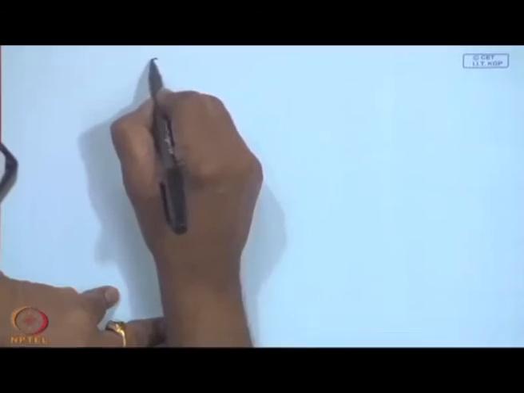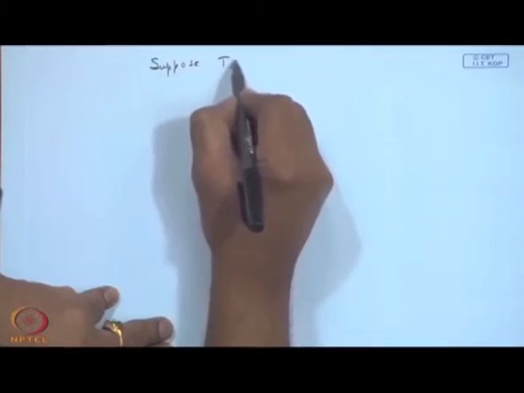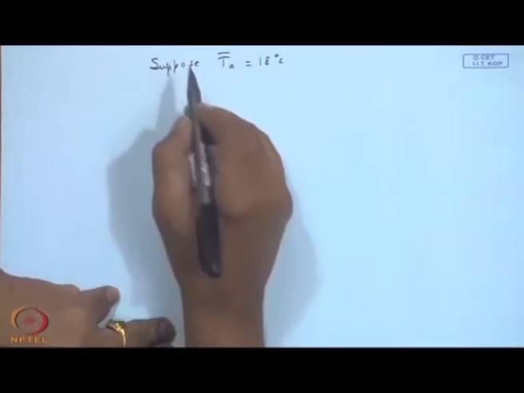Only you should remember that 20 minus T A bar should be taken only when positive. Just to illustrate that point and make it clear, suppose T A bar is 18, pretty close to 20.